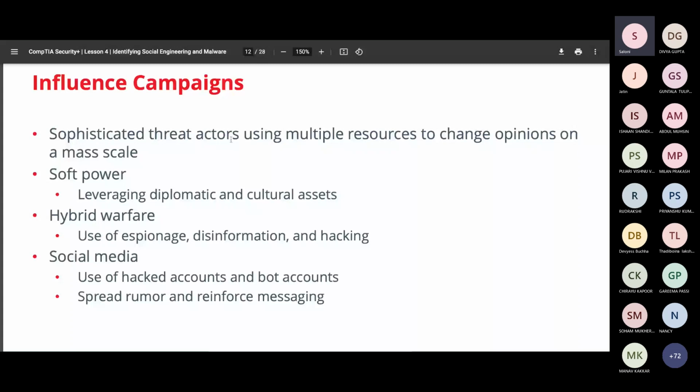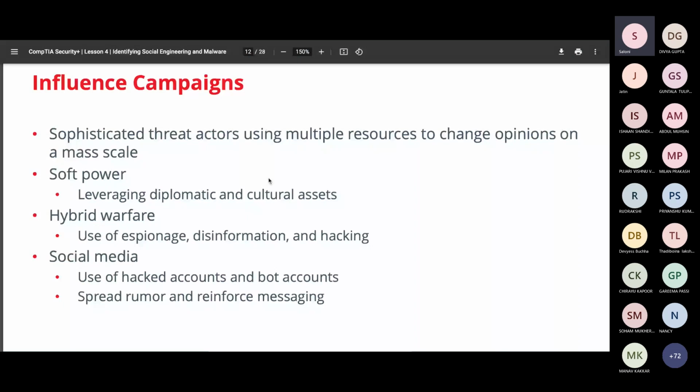When deployed along with espionage, some kind of disinformation, some kind of fake news, if we have, and hacking, a hostile campaign can be characterized as hybrid warfare. One is soft power where it is leveraging the diplomatic and cultural assets. Then we have hybrid warfare where there is use of espionage, some kind of disinformation, or we can say the fake news which is being spread, and the hacking.